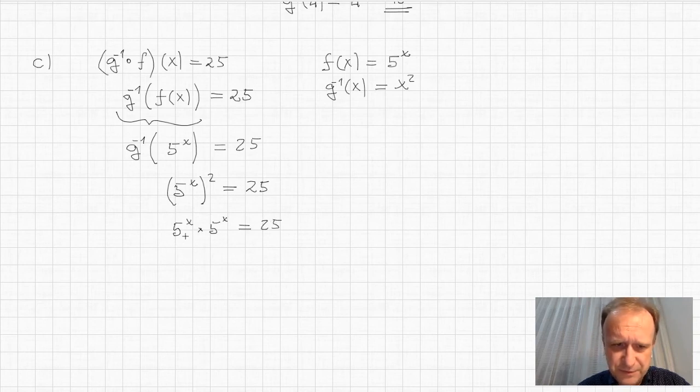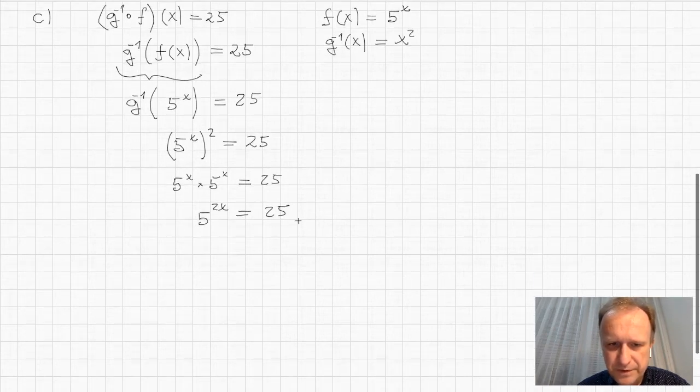Hence, what you get here is the product of two powers with the same base, so it should be 5 to the power of 2x equals 25. And if you replace 25 by 5 to the power of 2, which it really is, you get 5 to the power of 2x equals 5 to the power of 2.